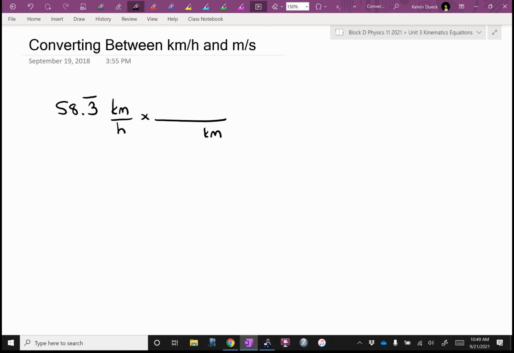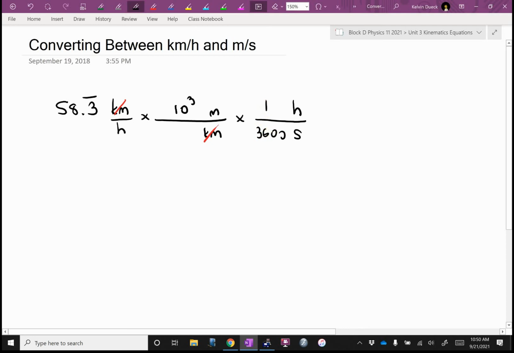The what? Yeah, which is what? Okay, 10 to the third. Good. And then, I guess to get rid of hours, it's going to go on the top here, because it's on the bottom. Anybody remember how many seconds there were in an hour?